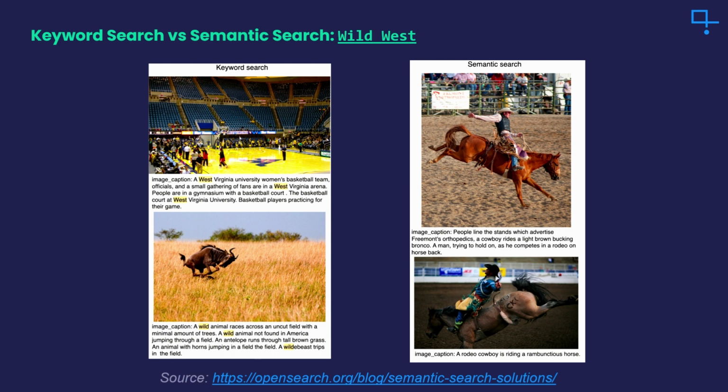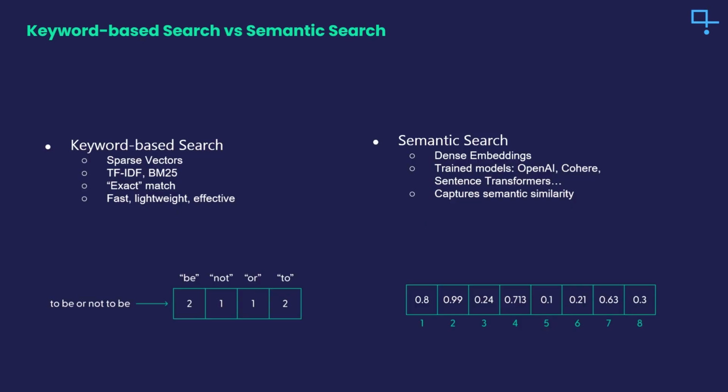On the left-hand side, wild and west, they're keywords, and we're just looking for them in a pot of words all jumbled up together, and I'm getting results for wild and I'm getting results for west. Whereas on the semantic search side, I'm actually semantically understanding what I mean by wild west, and I'm getting probably results that are a bit more effective for the query Wild West.